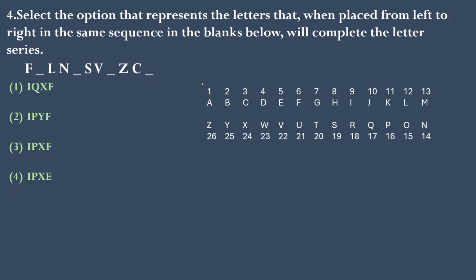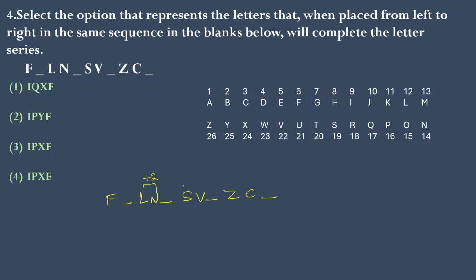These are the alphabets which are coded with numbers and opposite alphabets. If you see here, F dash L N dash S V dash Z C dash. From L to N we have plus 2.